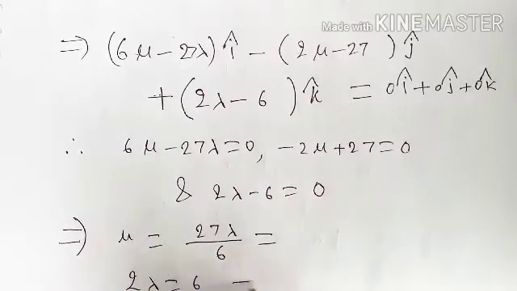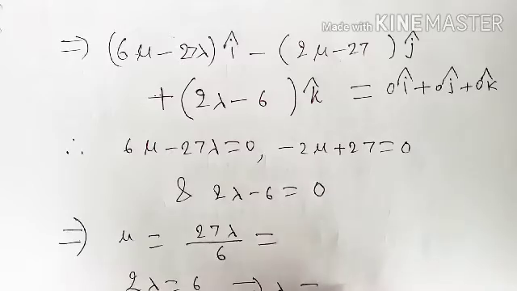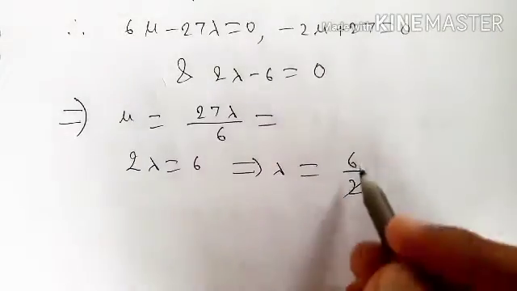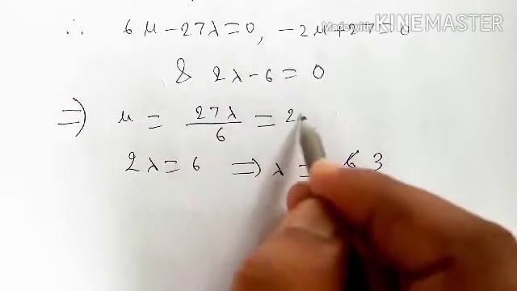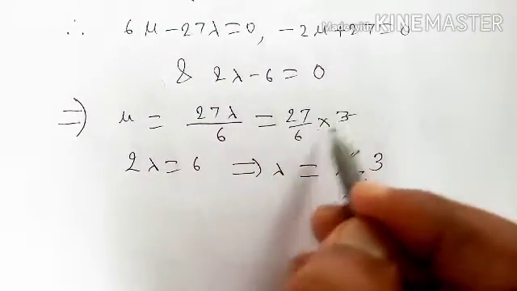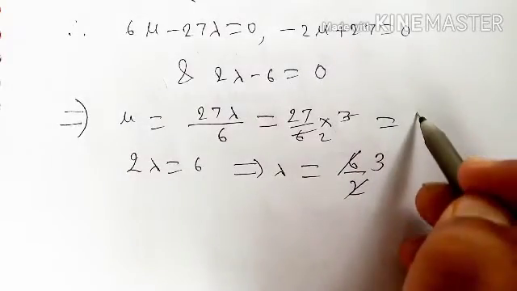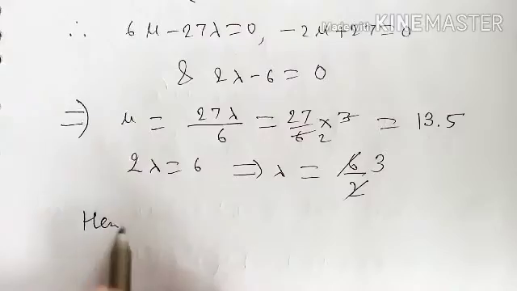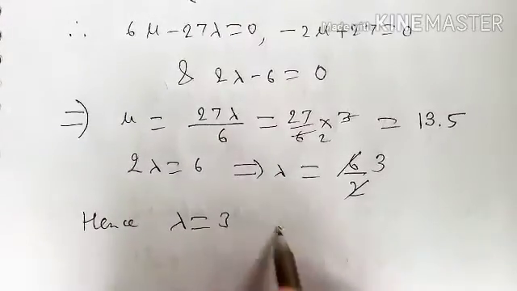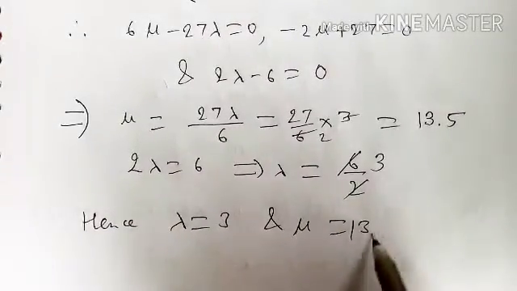This implies that lambda is equal to 6 by 2, so 3. So we can write here 27 by 6 into 3, so 27 by 2 is 13.5. Hence lambda is 3 and mu is 13.5.